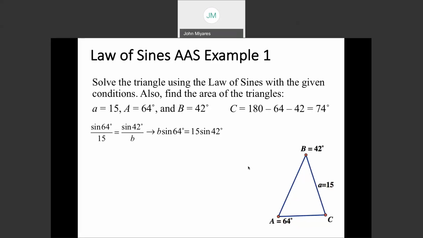Knowing that the sine of 42 degrees and the sine of 64 degrees are decimals that can be computed on the calculator, we can leave them as seen here and then just type in the expression just as we see it on the screen. Remember, we do need to be in degree mode, and we need to insert some parentheses in our expression in the calculator in order to make sure we're handling the order of operations correctly. When we do this, you should get side B equals 11.167.